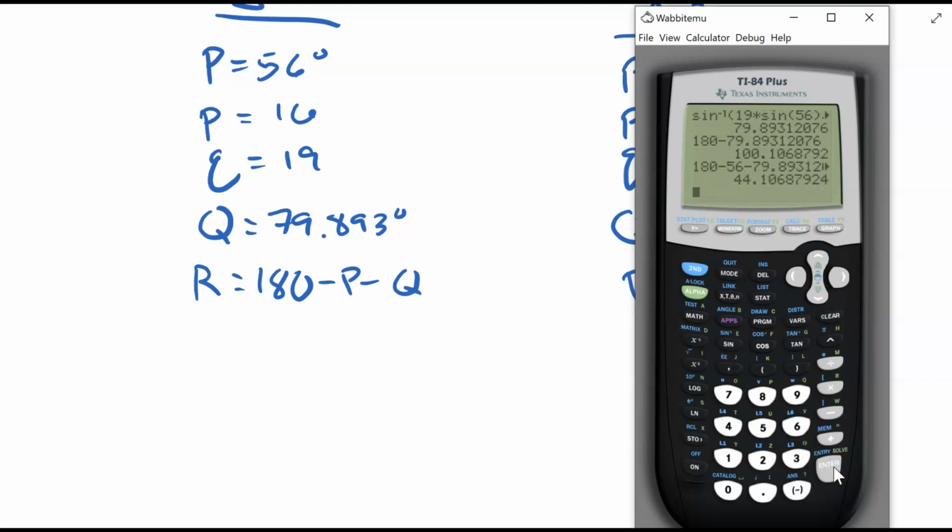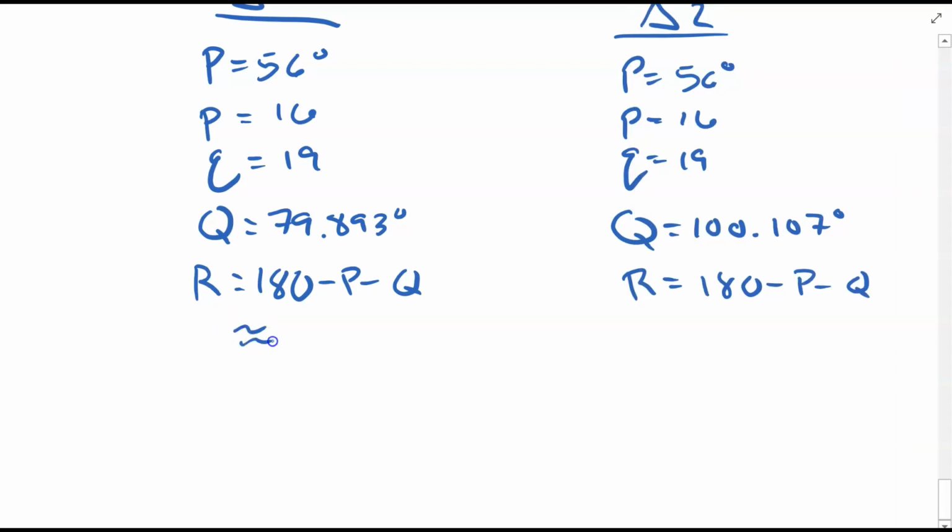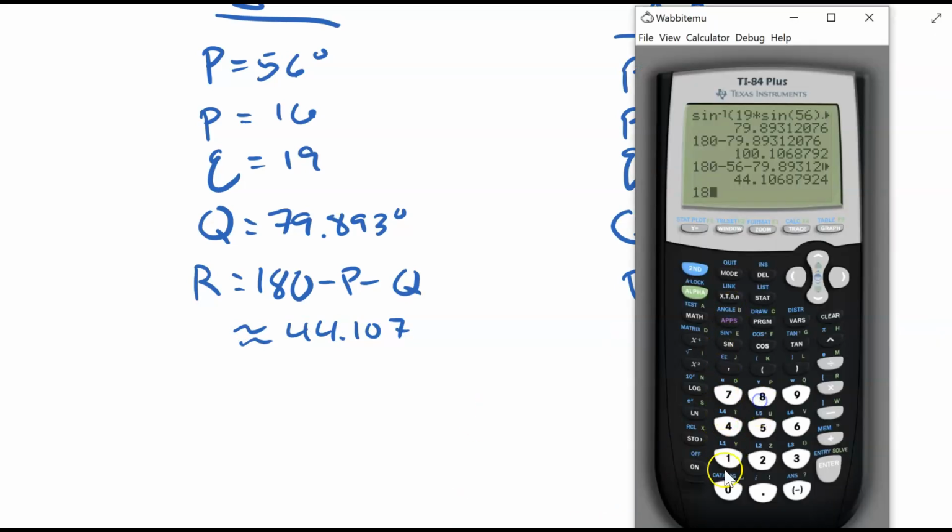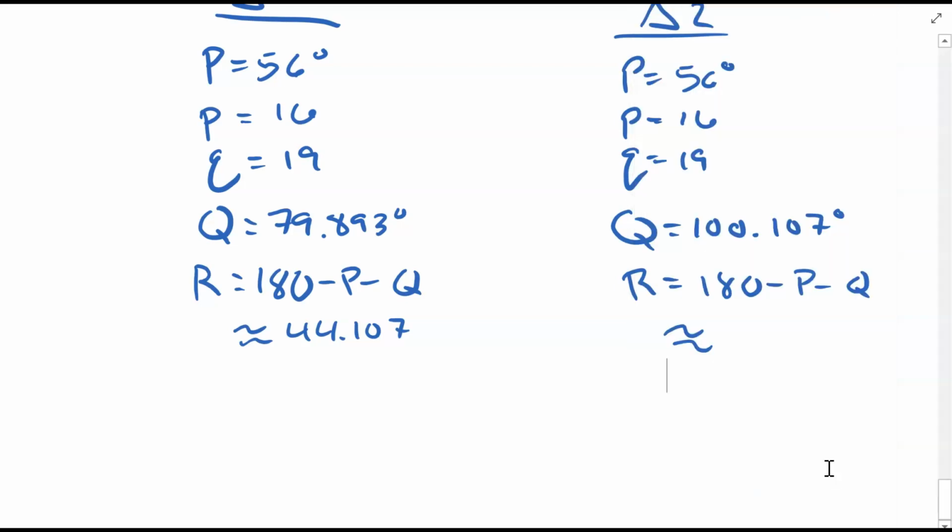So 44.107. And for the other one, 180 minus 56 minus 100.107. So 23.893. Everybody good with that?